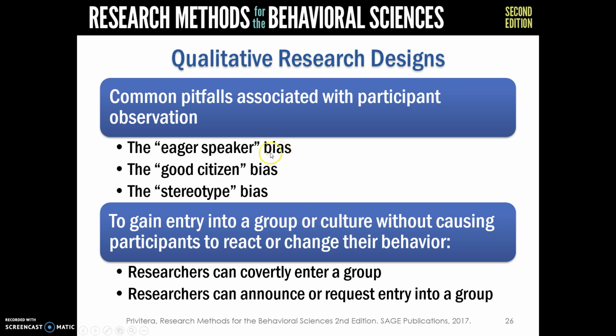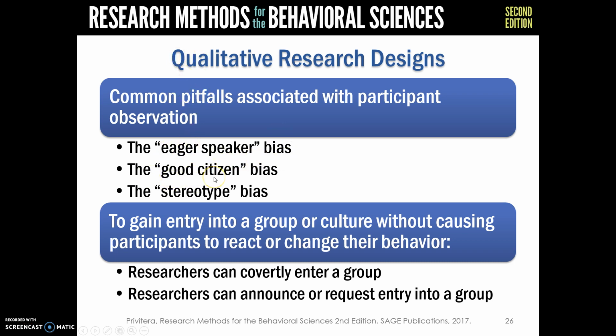You might want to know what these biases are. I think it's explained in your book. Eager speaker: let's say you have a sample of 10 people and one person just keeps volunteering, wanting to answer all the questions all the time. That's an eager speaker.